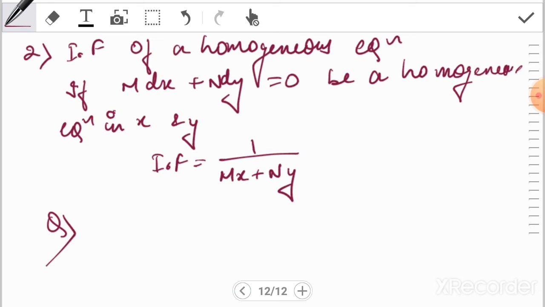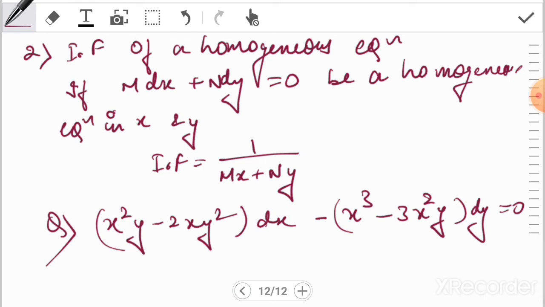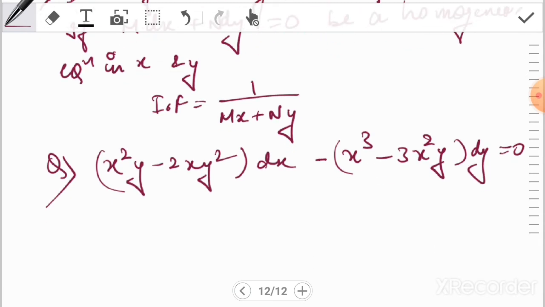So solve (x square y minus 2xy square) dx minus (x cube minus 3x square y) dy is equal to 0. The equation is homogeneous in x and y. How? So if you divide by x cube, so let us multiply and divide by x cube.